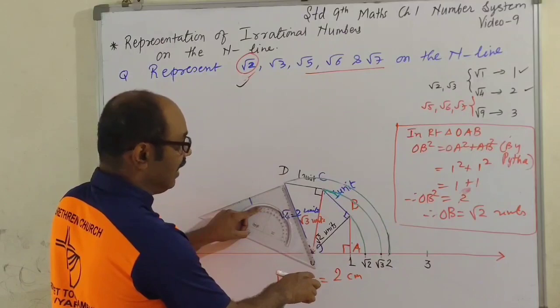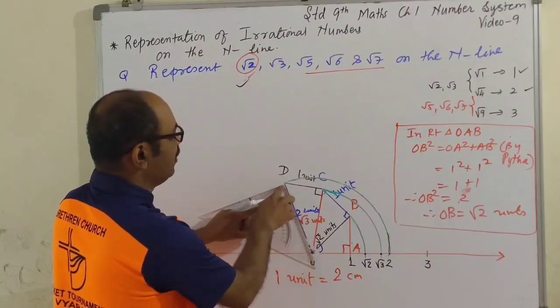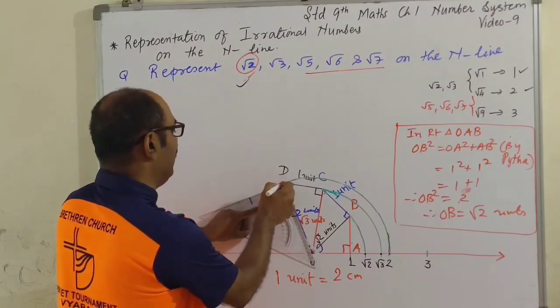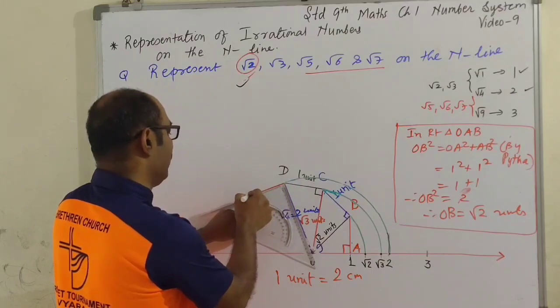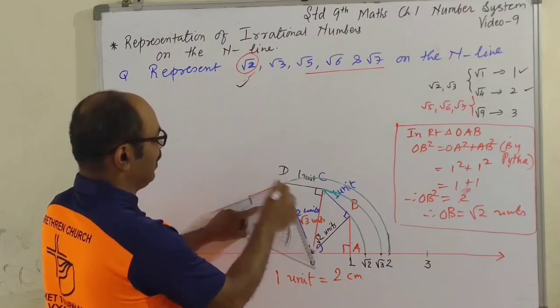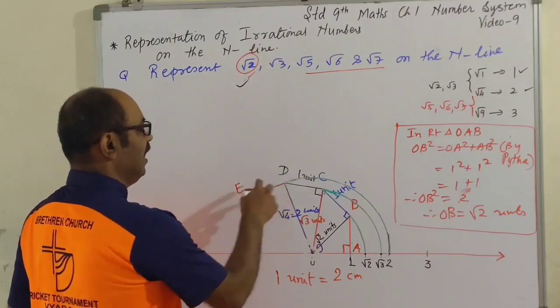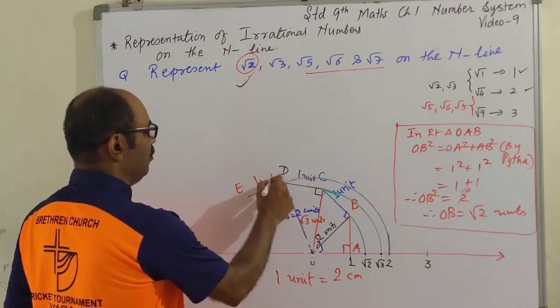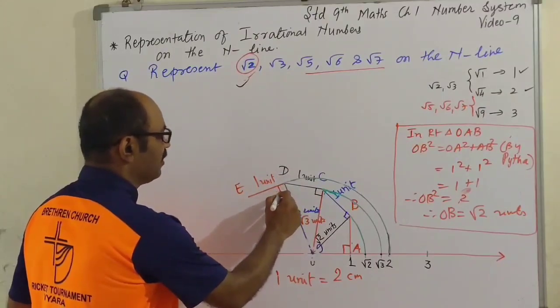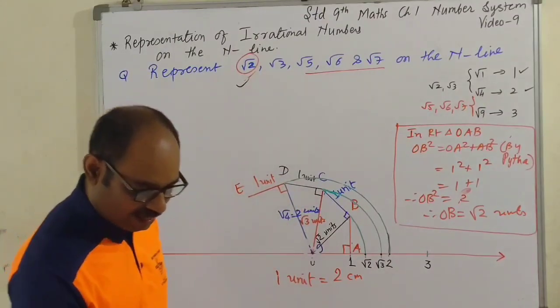One of the perpendicular side has to be along this side, and this vertex should coincide with B. And then third thing, आपको सिर्फ 1 unit तक ही लेना है. Right? Now this is new point E. And ED you have taken is 1 unit. And don't forget the sign.